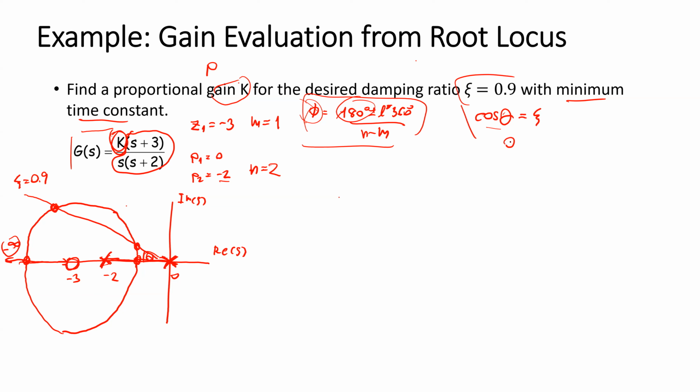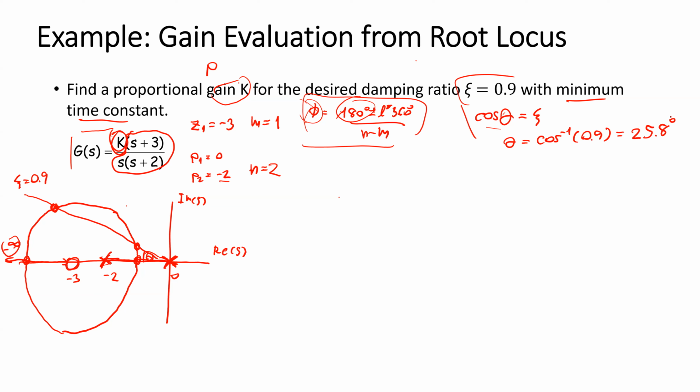It means the angle is the arc cos of the damping ratio. By the calculator, maybe it's about 25.8 degree, maybe the angle.